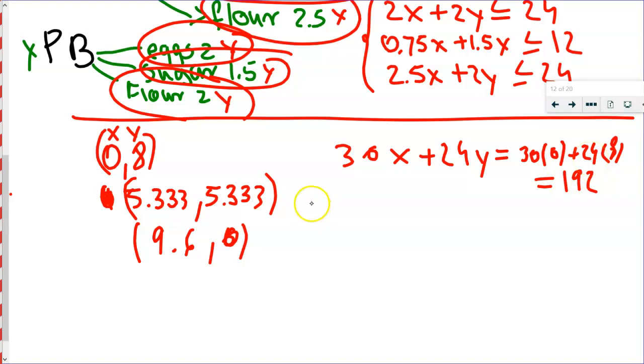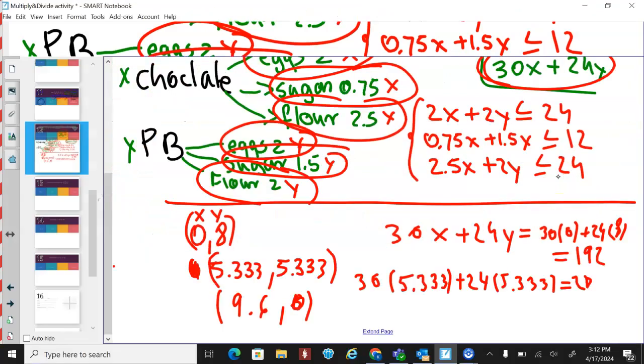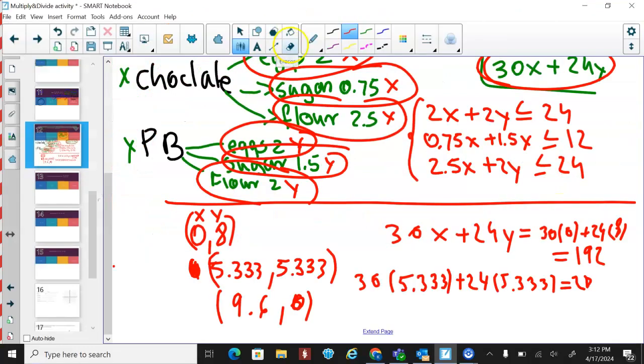Now the next one was 30 times 5.333 plus 24 times 5.333. So we get a total of 280. It's not writing correctly for me. We get a profit of 287.98.